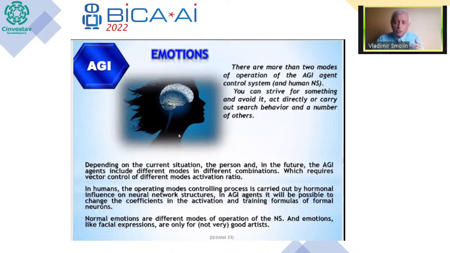It should also be said that thinking and intuition are not the only regimes. There are a lot of other regimes, and in animals they are controlled by hormonal influence, but in neural networks they can be controlled by coefficients in training formulas and activation of neurons.